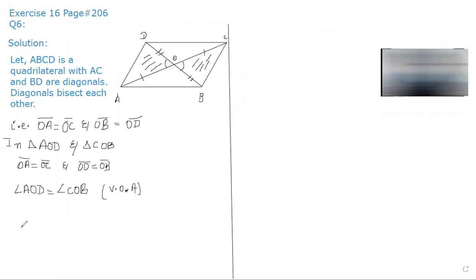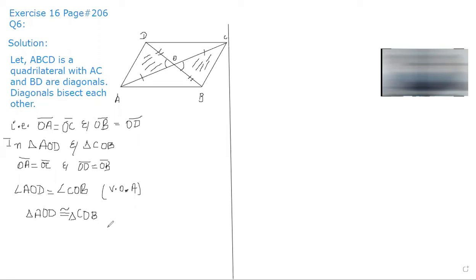So I write it like this: triangle AOD is congruent to triangle COB.